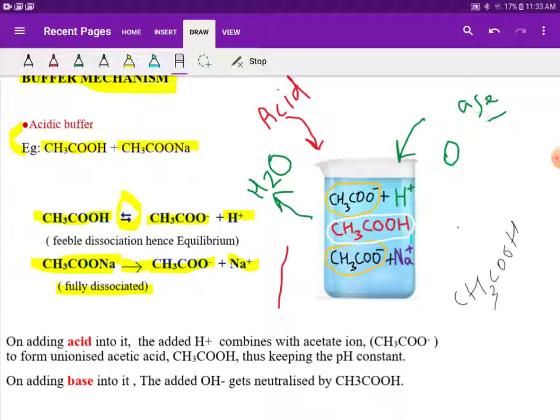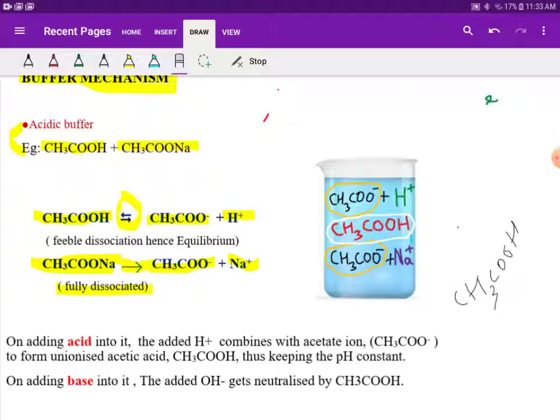That is the buffer mechanism. Hope that all of you have understood the mechanism.